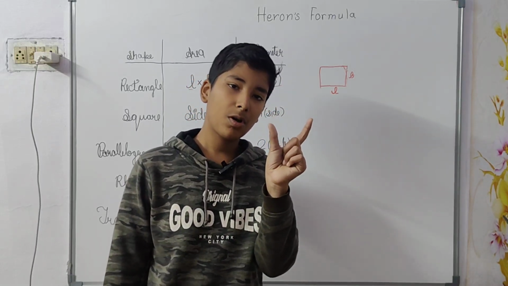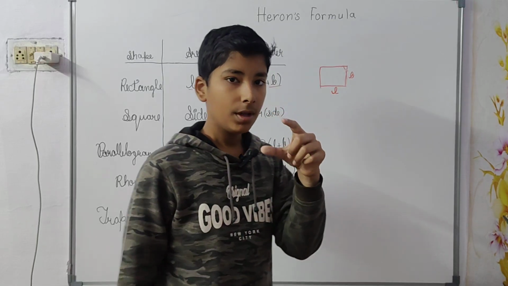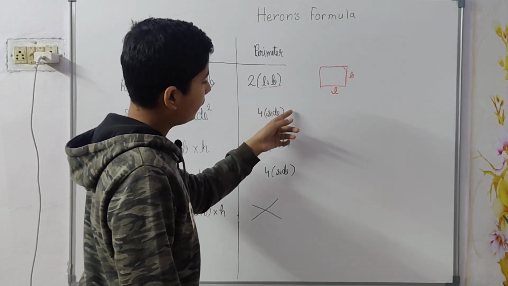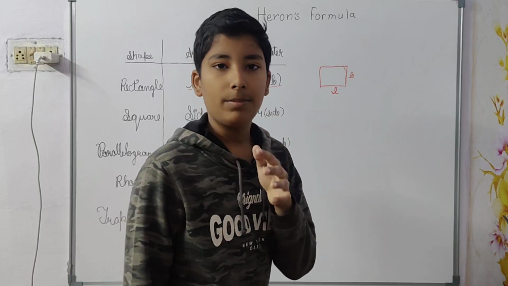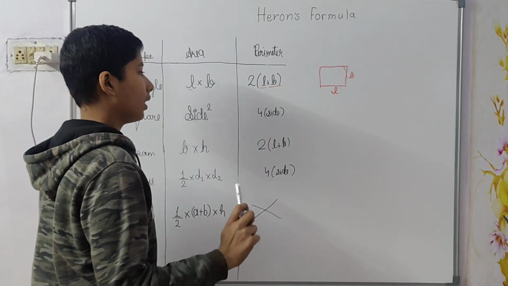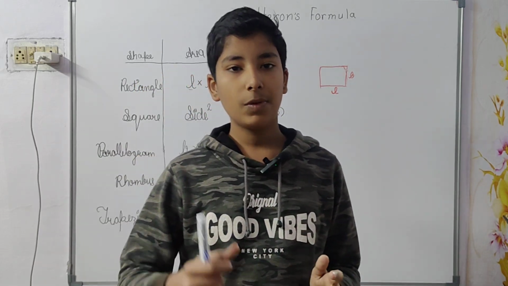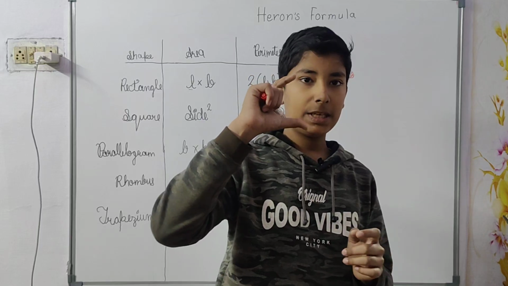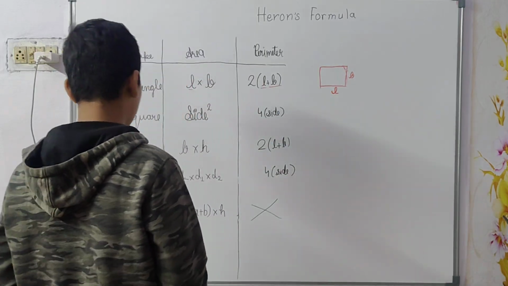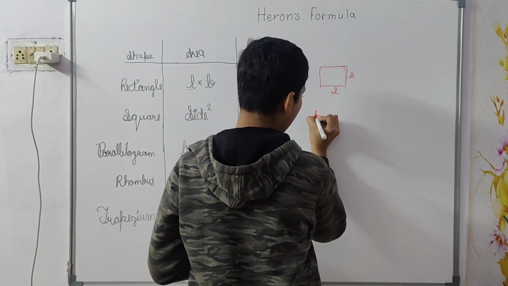So one is called side, this also side, this also side, and this also side. So four sides means 4 into side is the perimeter we have got. Side square means the area, which is if we multiply two sides with each other, side into side.